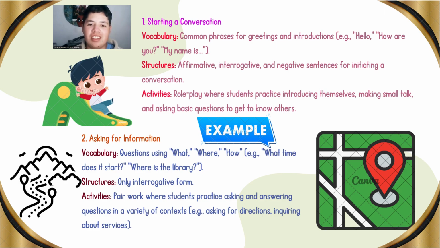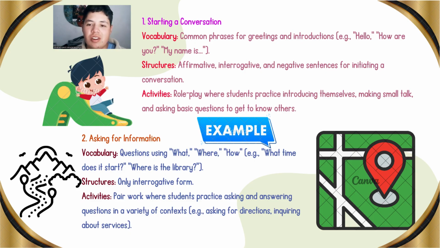Let's look at some examples. Obviously, when we start to speak in English, we need to know basic things like greeting or asking for something politely. So in this example, we see the first unit of the syllabus: how to start a conversation. First we need vocabulary, such as hello, how are you, my name is, nice to meet you, good day, bless you, things like that.